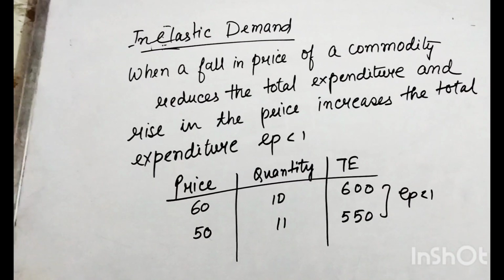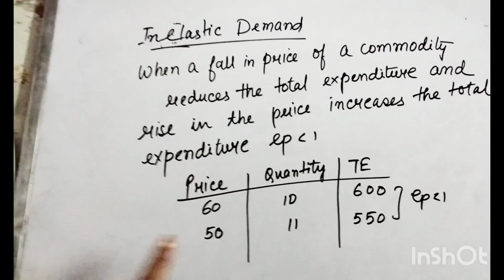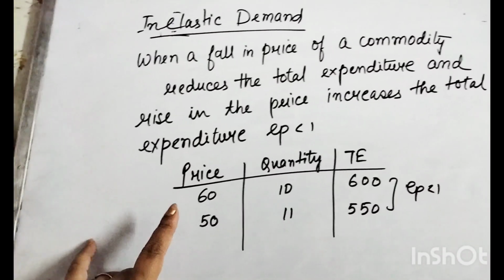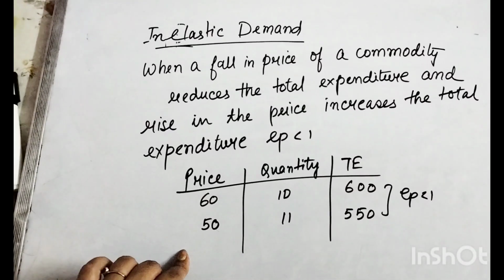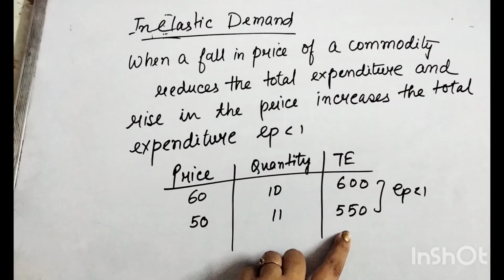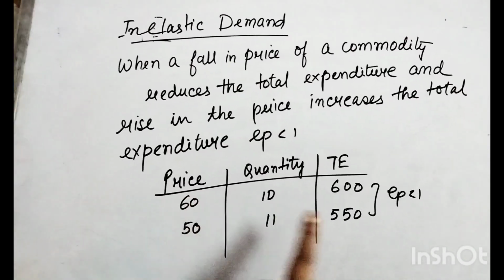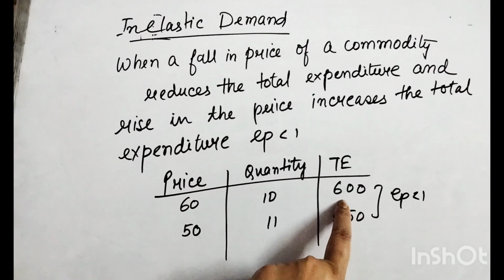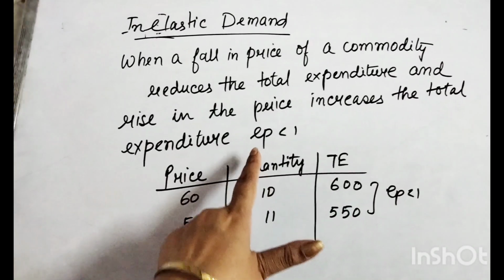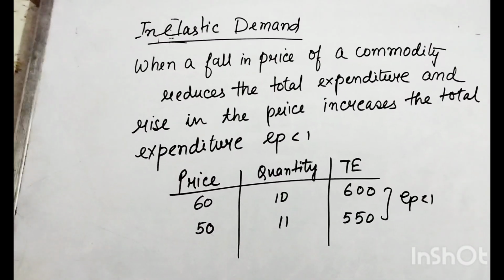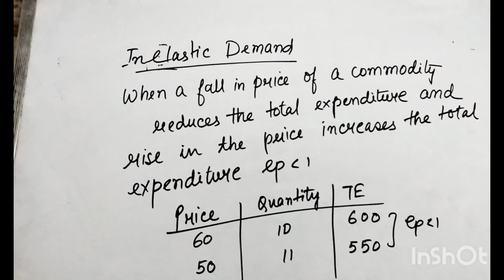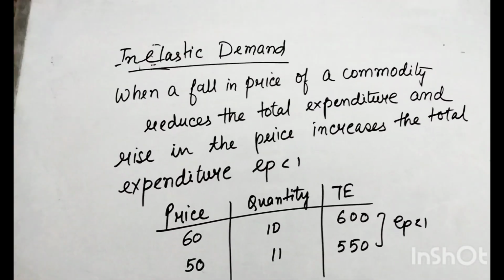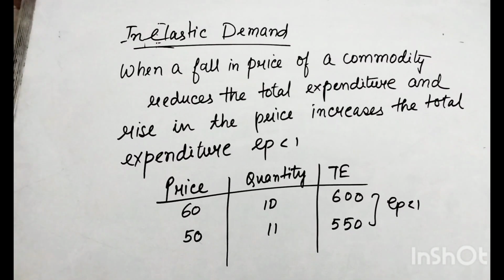Now this is inelastic demand. We can see that as price falls, total expenditure also reduces, and as price increases, total expenditure increases. So in this case your price elasticity of demand will be less than 1.